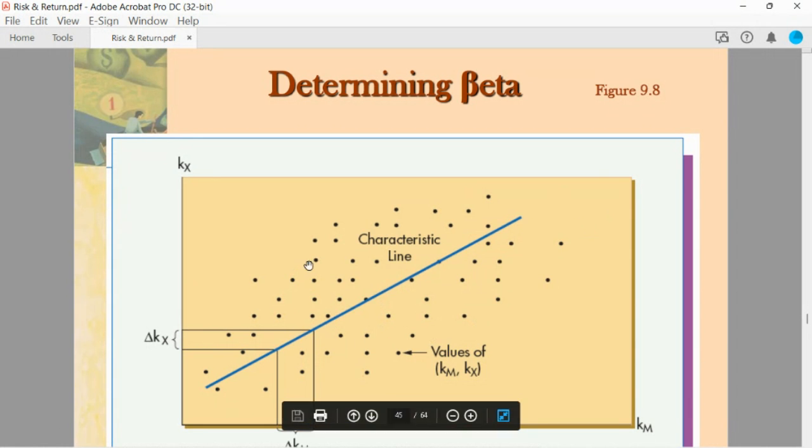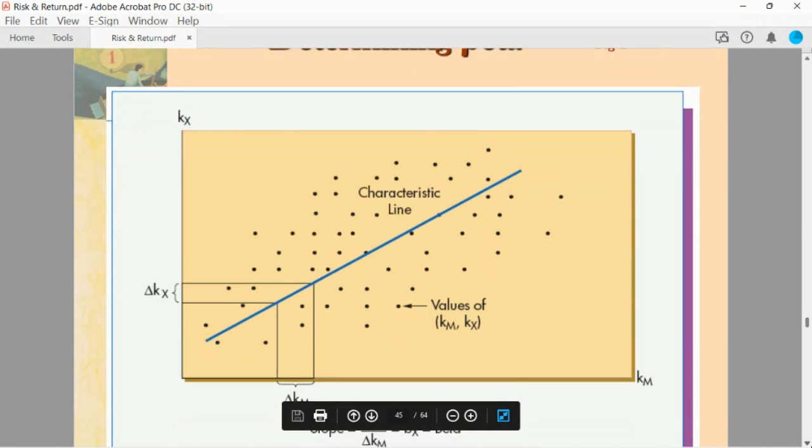We have x and y values. We have an x and y data plot. So what is x? X is the horizontal axis.